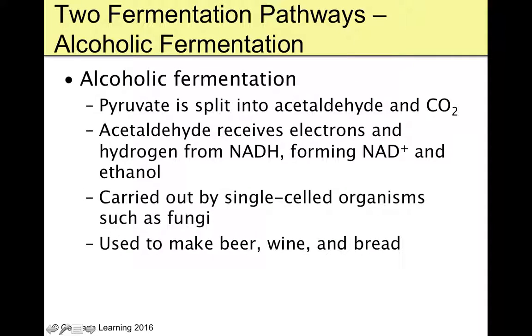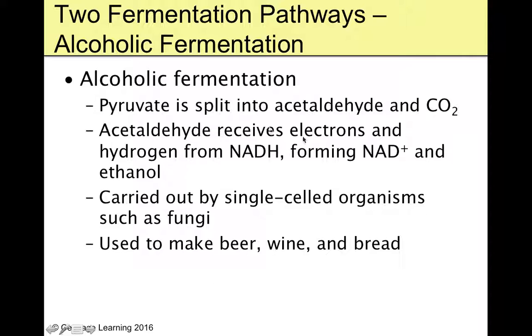All right, so there's two types of fermentation. There's alcohol fermentation and there's lactic acid fermentation, and we're going to talk about them both. So our first example is alcoholic fermentation. We go through glycolysis. We make our pyruvate. There's no oxygen. We go to fermentation.